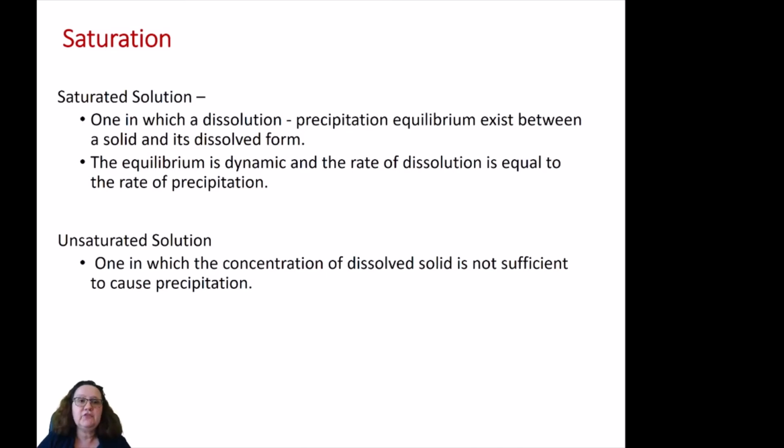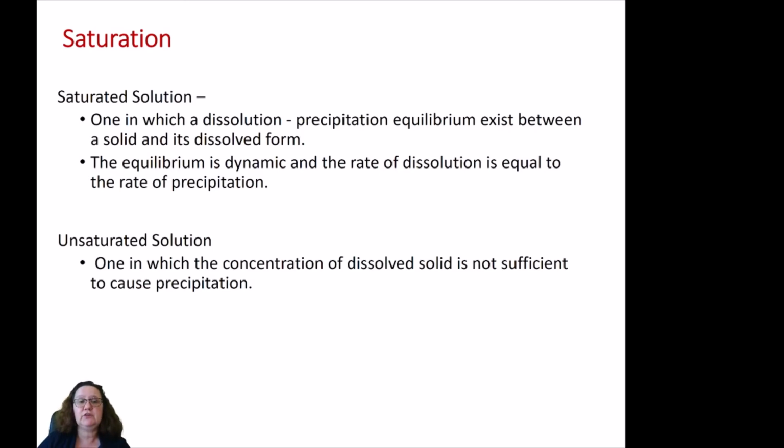And as in many cases in chemistry, this is a dynamic equilibrium. The solid is dissolving and the dissolved solid is precipitating, but they do it at the same rate. So that's why you end up with an equilibrium. The rate of dissolution is equal to the rate of precipitation.